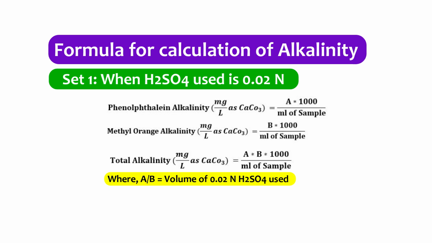And those indicators are: number one is the phenolphthalein indicator, and the second one is called the methyl orange indicator. For your information, not every sample that you analyze will have both phenolphthalein alkalinity and methyl orange alkalinity.